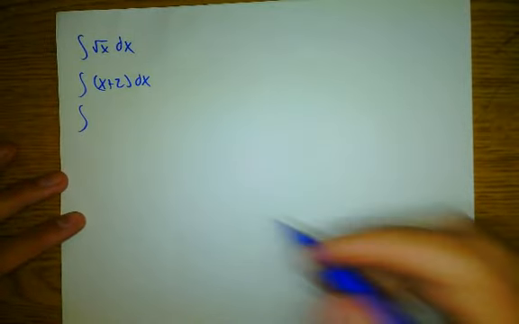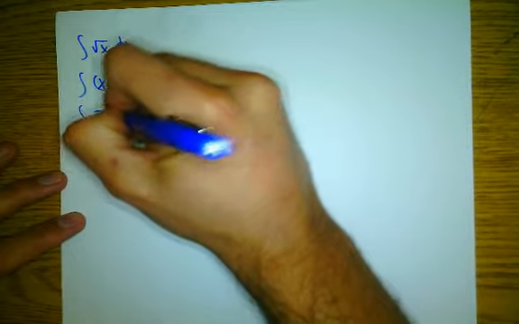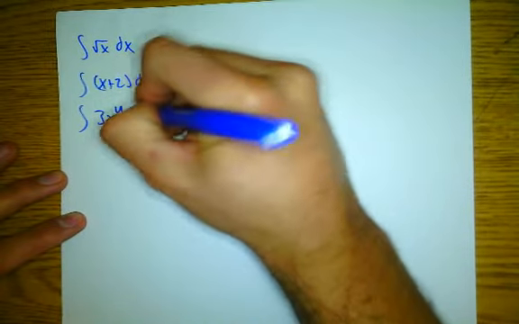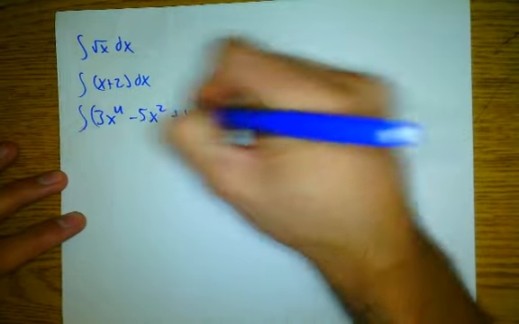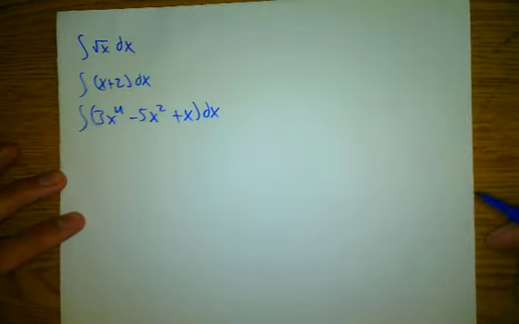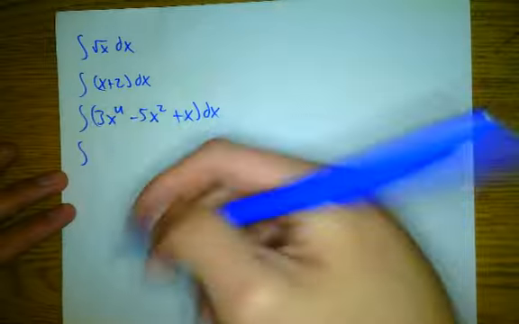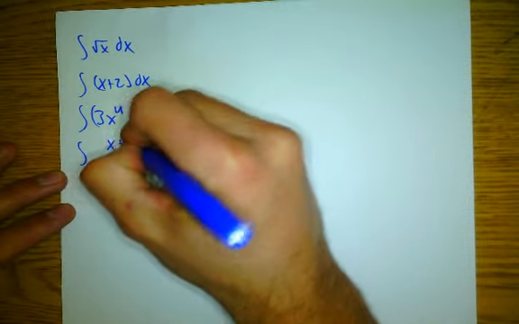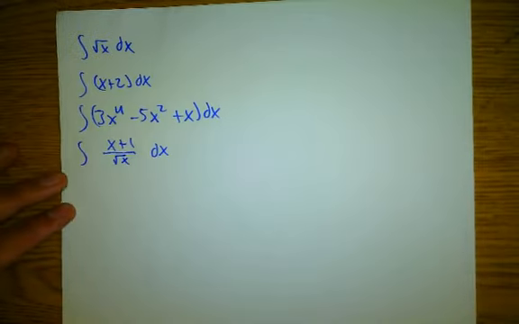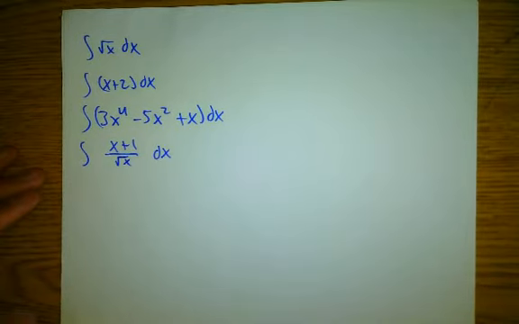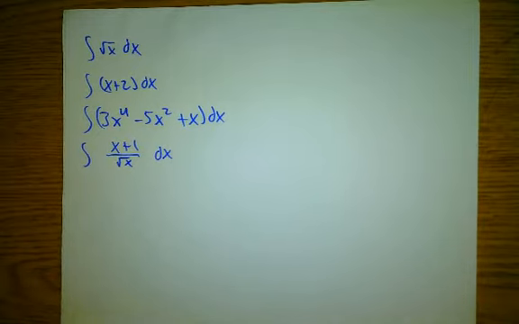The integral of 3x to the fourth power minus 5x squared plus x dx. And lastly, the integral of x plus 1 over the square root of x dx. Now, keep in mind, I've only shown you one rule, so you have to figure out a way to use that rule. Okay? So go ahead and pause the video, and when you're ready, hit play, and I will show you the answers.